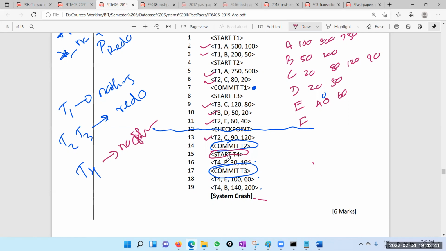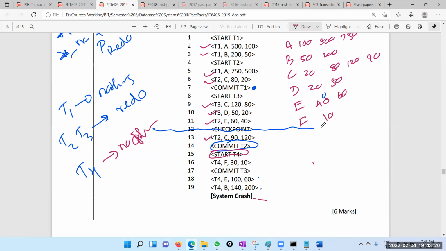The transaction 4, F 10 to 30. Right? Transaction 4. Anyway, transaction 4 is not going to have an effect because transaction 4 is an incomplete transaction. So therefore, this change is not going to be reflected. Okay. But according to the transaction 4, this activity, we can see that old value of F is 10. So therefore, it will be there.